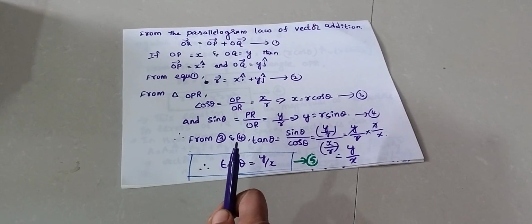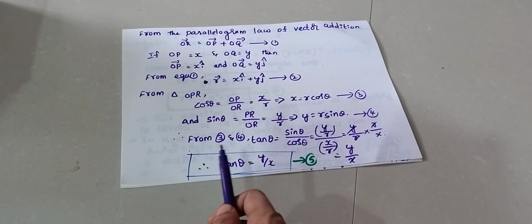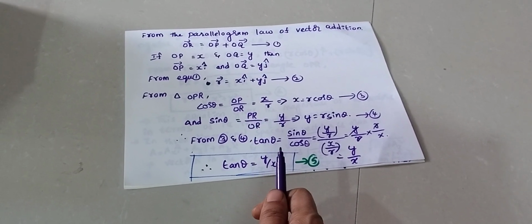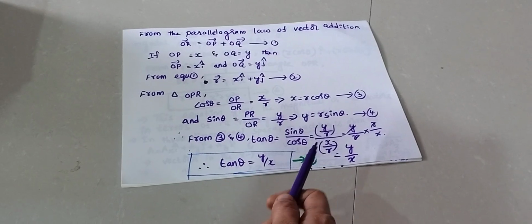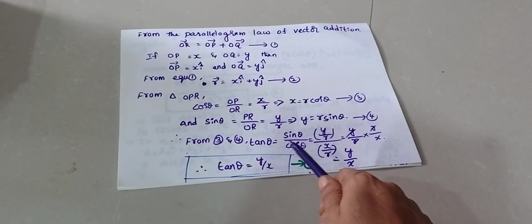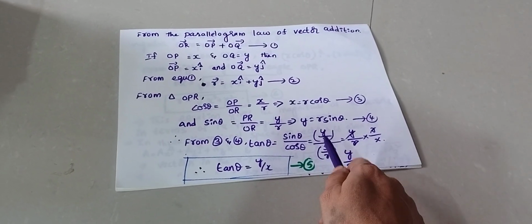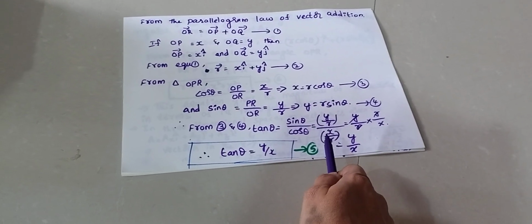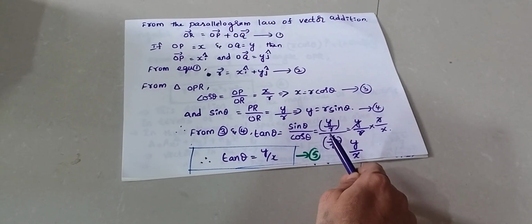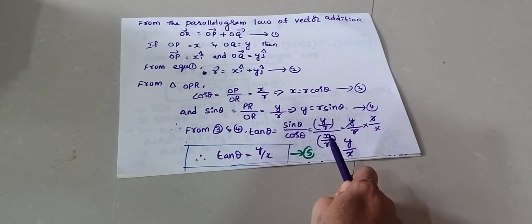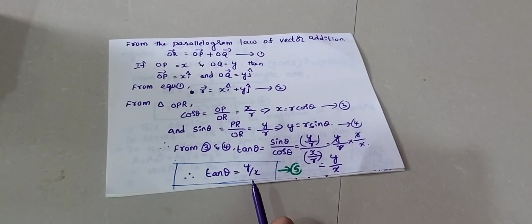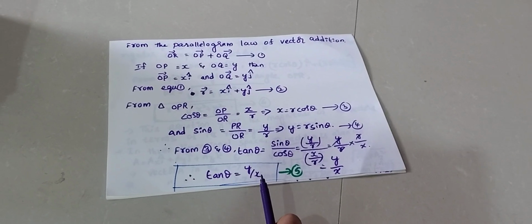From equations 3 and 4, what do we get? Tan theta is equal to, what is the formula? Sin theta by cos theta. Here sin theta is equal to y by r, and cos theta is equal to x by r. Substituting, r gets cancelled. Finally we get tan theta is equal to y by x.